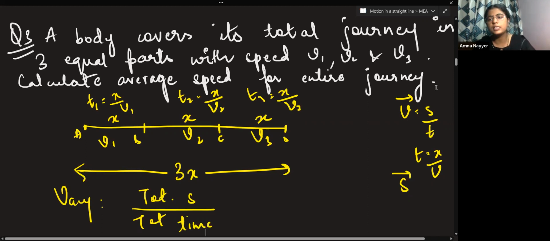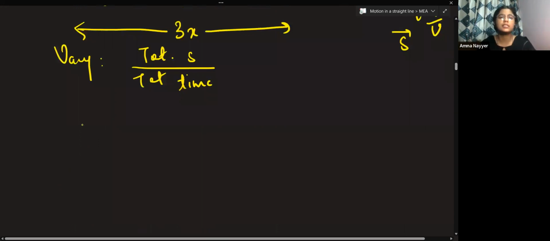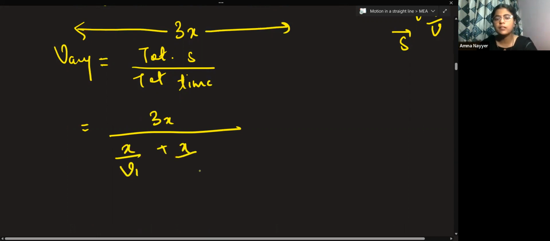Now see, total distance is 3x as rightly answered by Aram. Total time is what? All the times getting added up, that becomes x by v1 plus x by v2 plus x by v3.